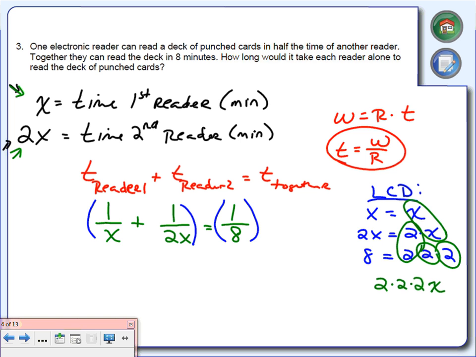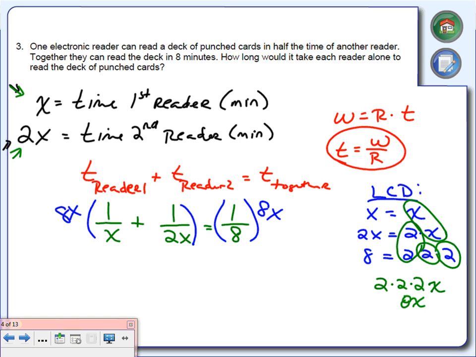Why can't you triple the last two? Well, because it's got to be the same factors in the other denominators. All right, so what do I get when I multiply all of this together? 2 times 2 times 2 times x would give me 8x. So that's what we're going to use for our least common denominator, 8x. So here we go, 8x.